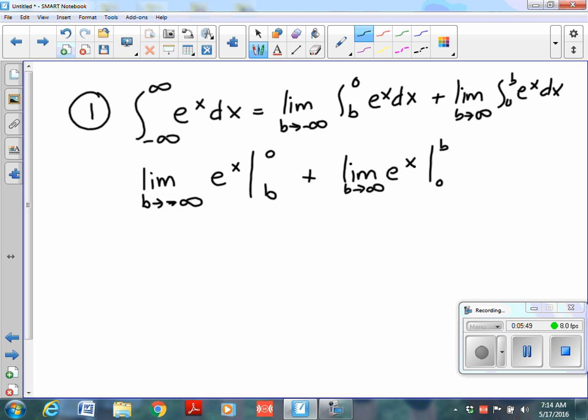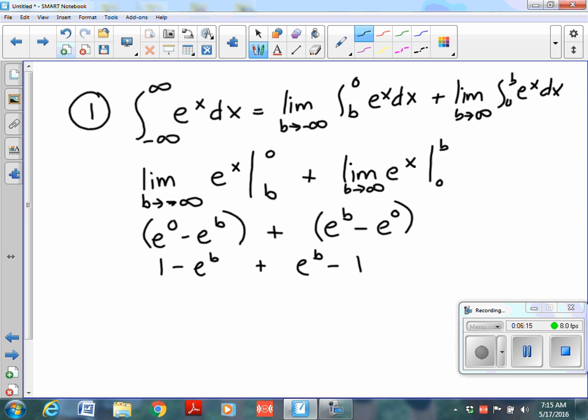So when I plug 0 in, I'm going to get e to the 0 minus e to the b, plus e to the b minus e to the 0. Okay, so e to the 0 is 1, so I'm going to be left with 1 minus e to the b plus e to the b minus 1.